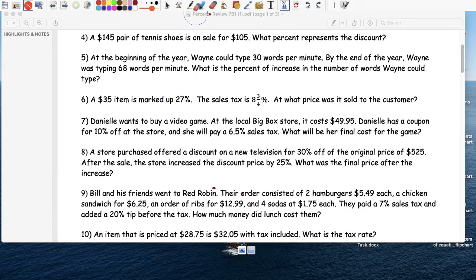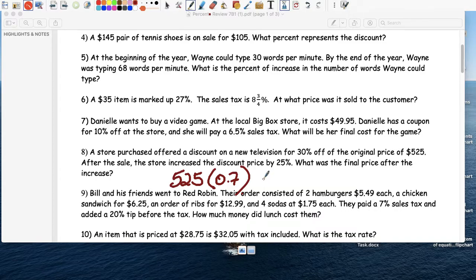Because it's a decrease and an increase. Okay, so, sorry, 525 with a decrease is 0.70, right? I multiply that. And after that, we're going to increase it again. So maybe I bought the TV, nobody wants to buy it, so I took 30% off.